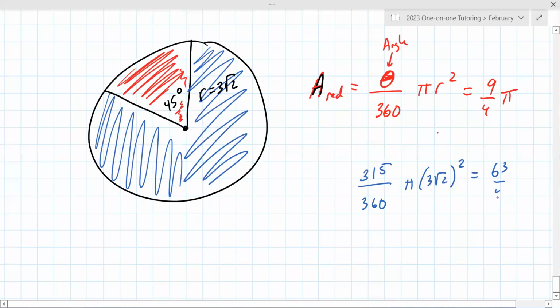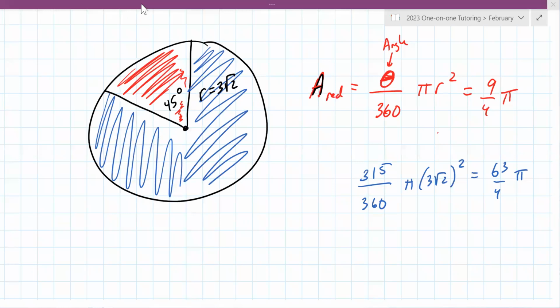Oh, I didn't do the 3 square root 2 part yet. But for the actual 315 over 360 reduced, it would be 63 over 72, correct? It reduces to 7/8. These are all meant to be done with a calculator. I'm not trying to get you to do this by hand.